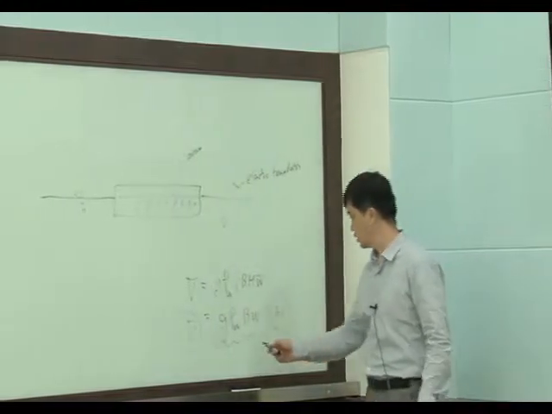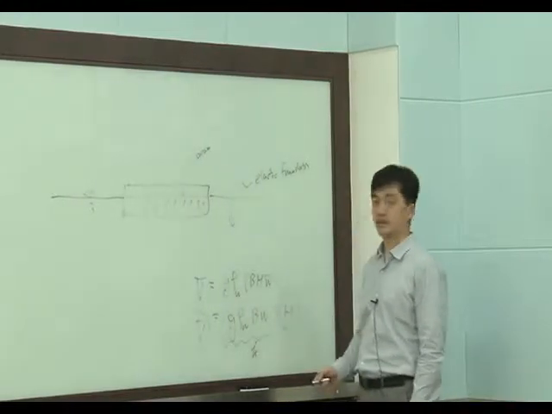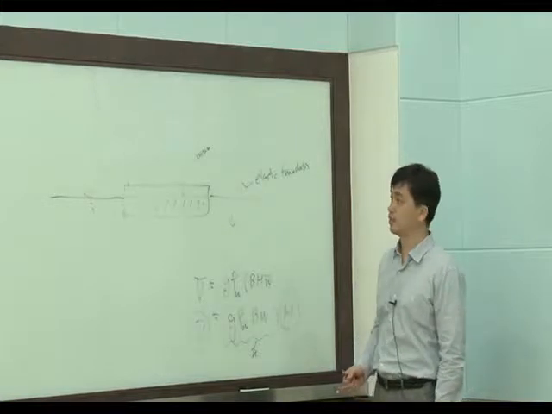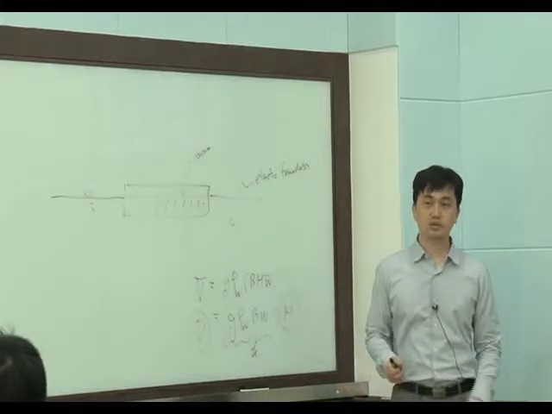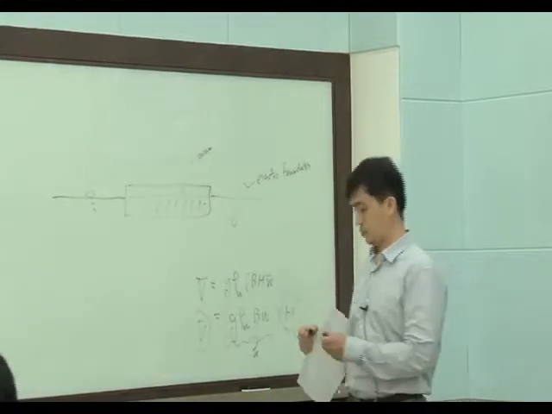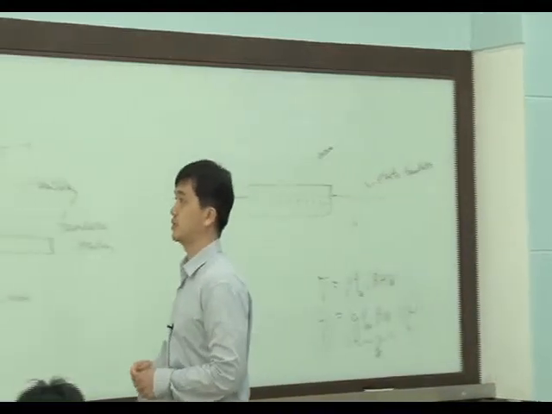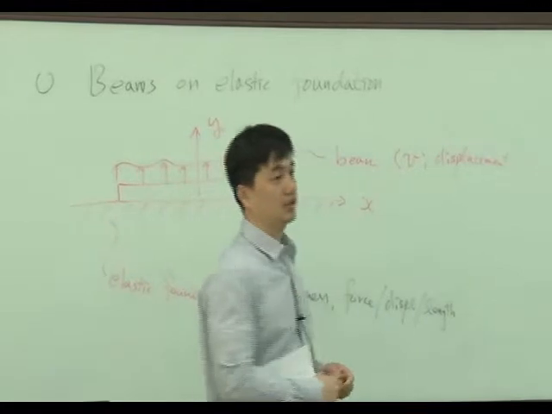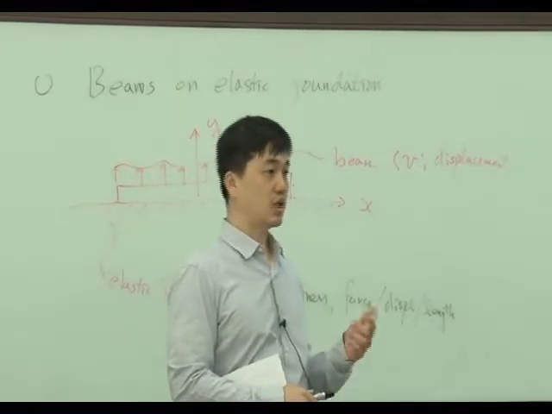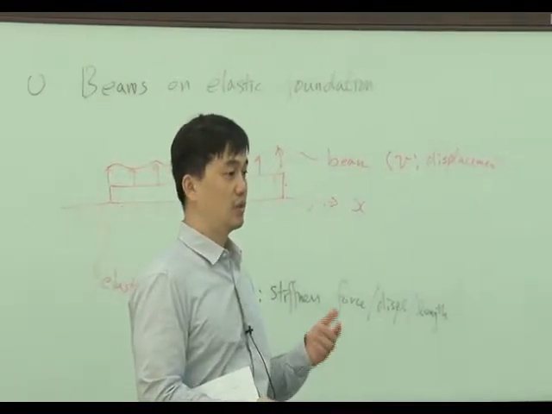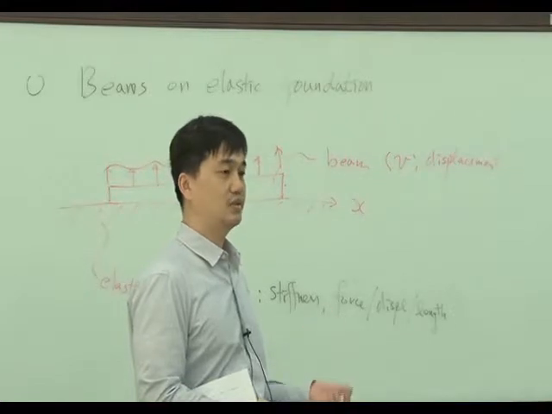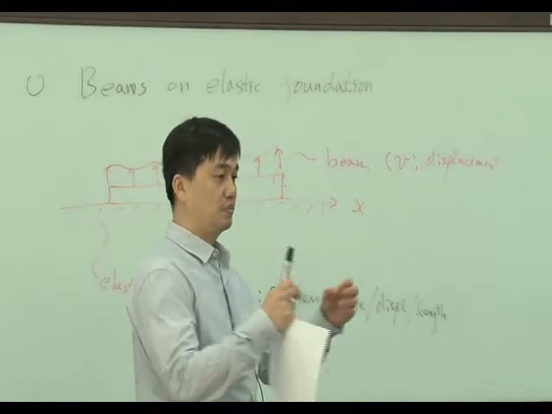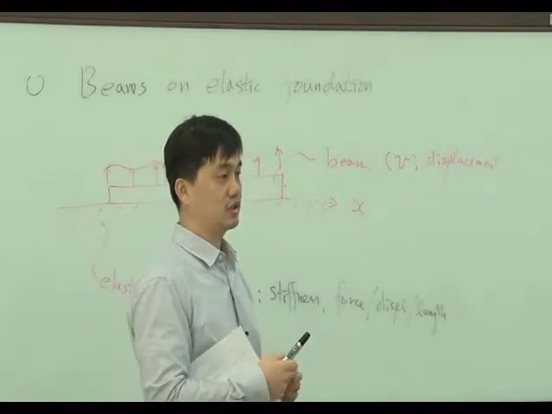This is K. So the theory for beam on elastic foundation can be used to calculate the moment and displacement of a beam-like floating structure.